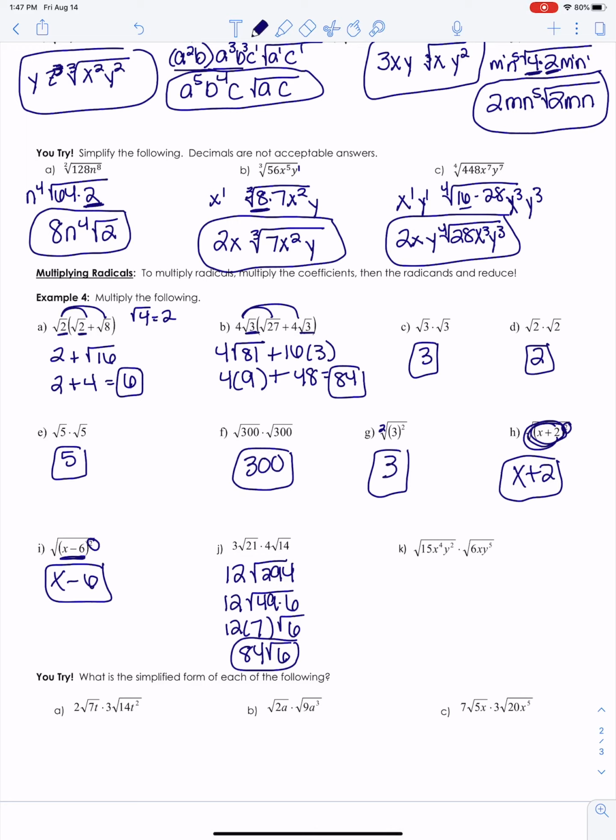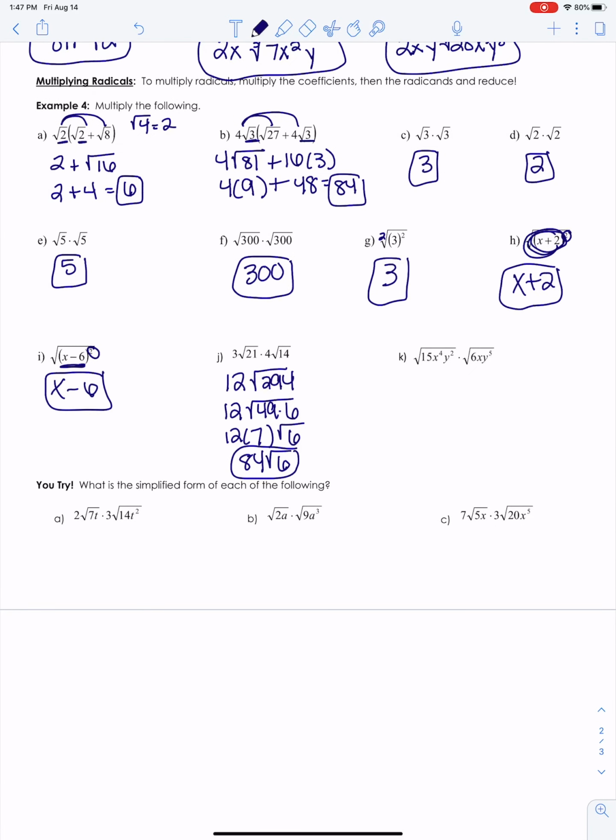So for K, multiply. So everything's on the inside here. 15 times 6 is going to give me 90. x to the 4th and x, so add those exponents, you get x to the 5th, and then we're going to get y to the 7th. So if I think of a perfect square that goes into 90, that's going to be 9 times 10.